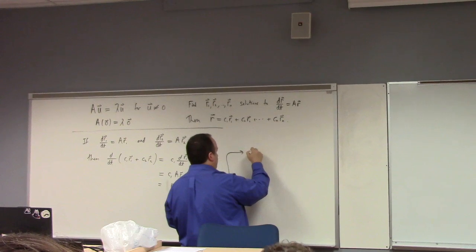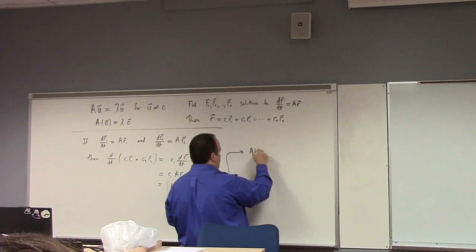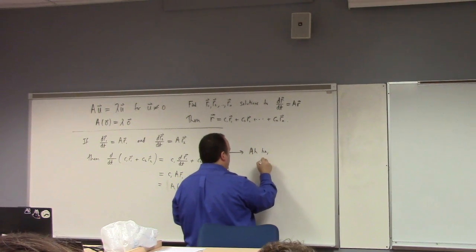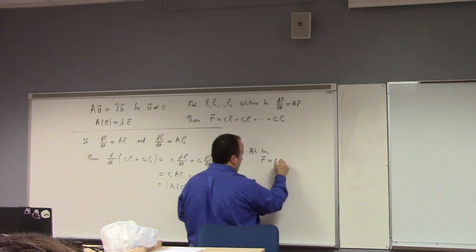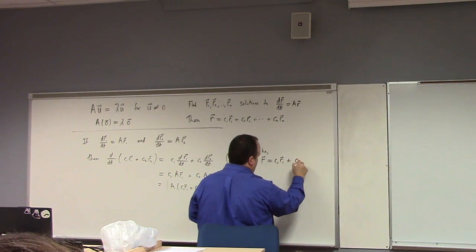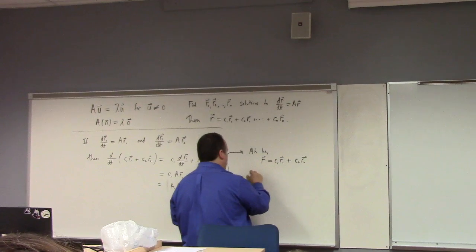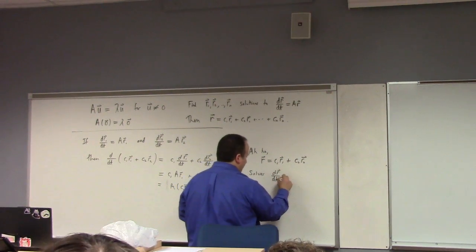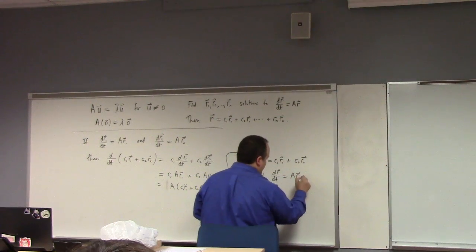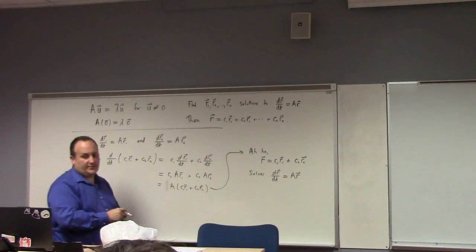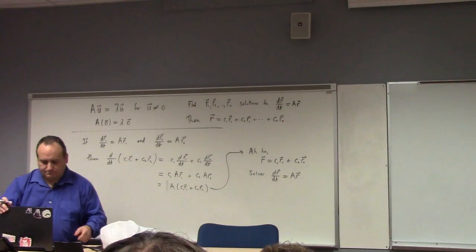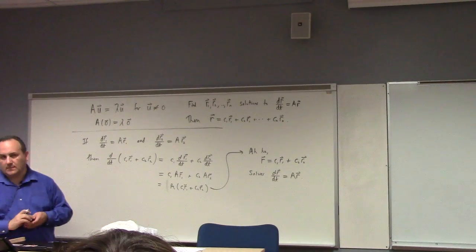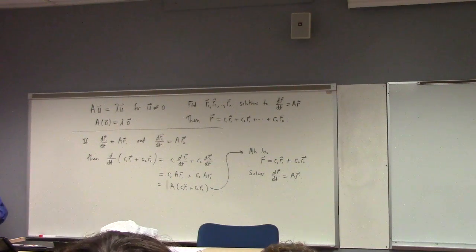What's that tell us? So r equals c1 r1 plus c2 r2 solves dr/dt equals A r. So what am I saying? Let me put it into words.